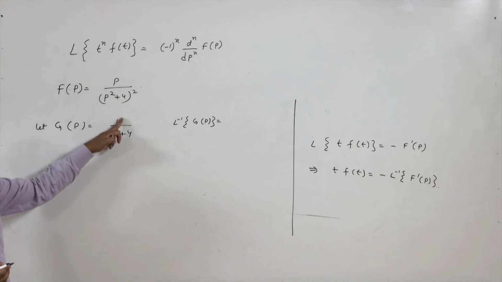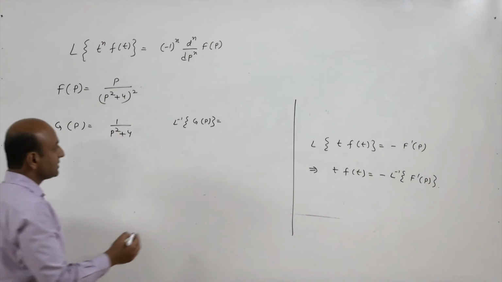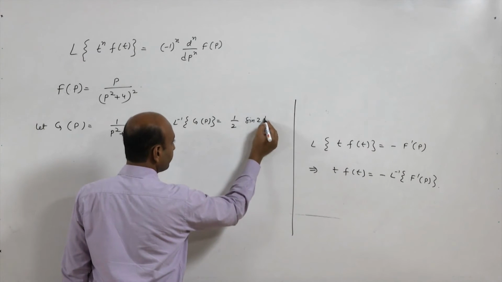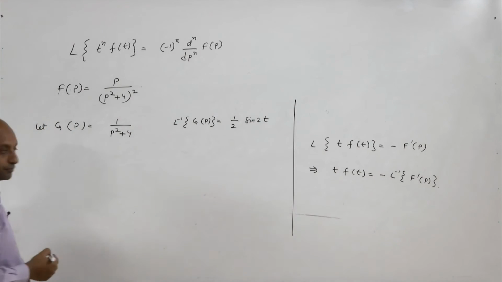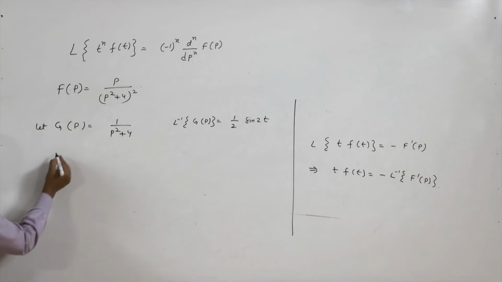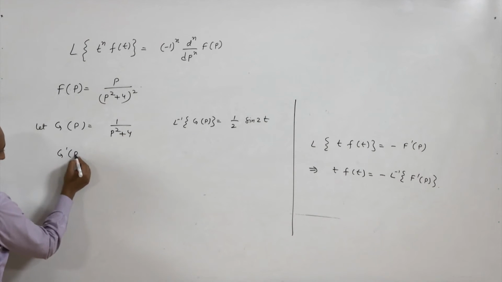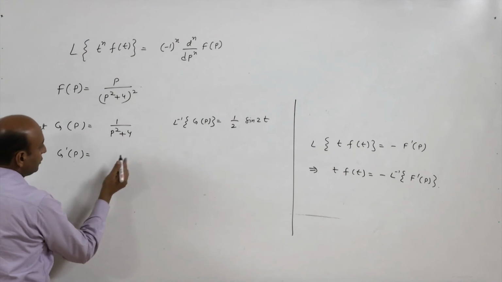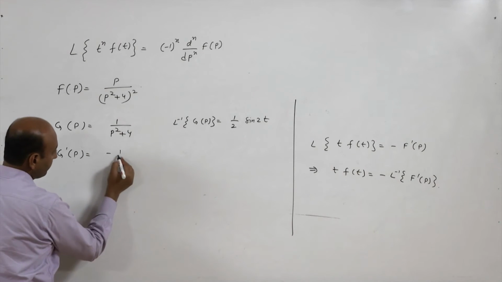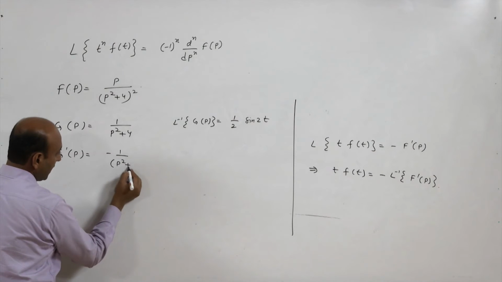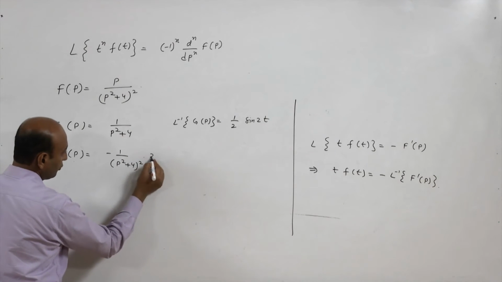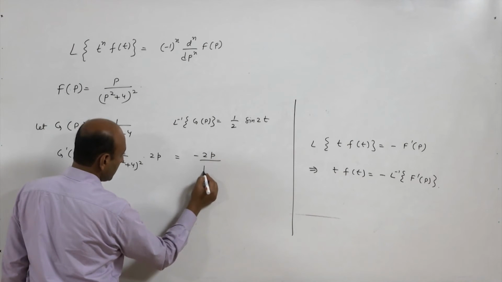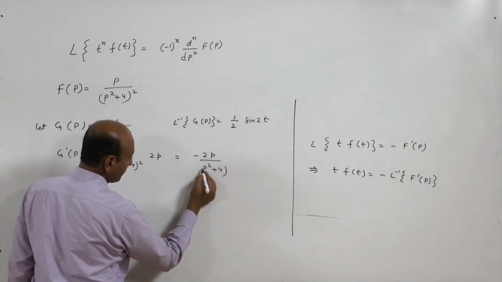You divide and multiply by 2. So, it is 1 by 2 sin 2t. Now, you differentiate both sides, g dash p will be nothing but it is 1 by t, so minus 1 by t square, and derivative of t again 2p. So, that is nothing but minus 2p upon (p square plus 4) whole square.